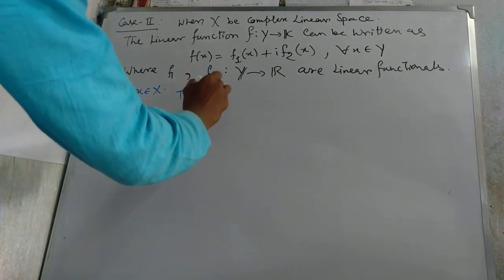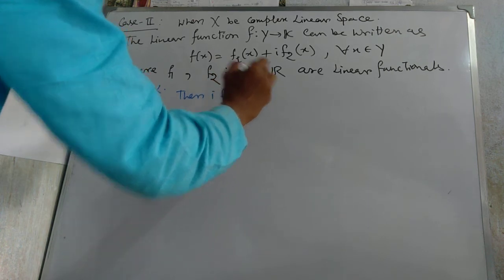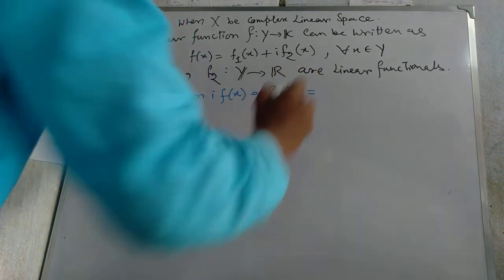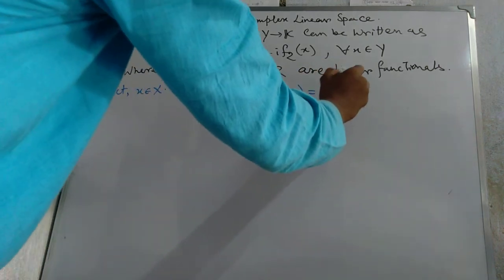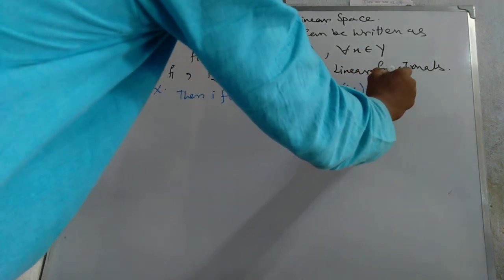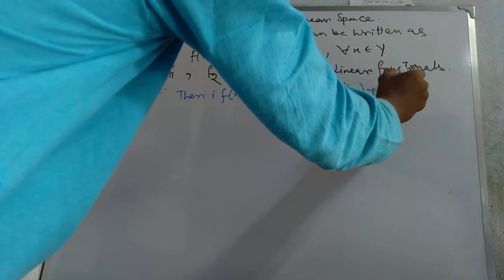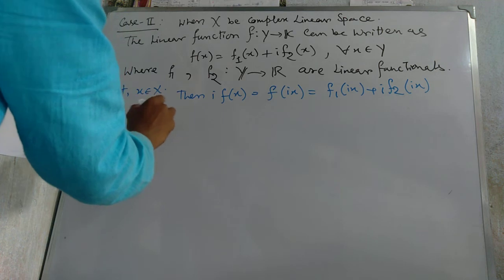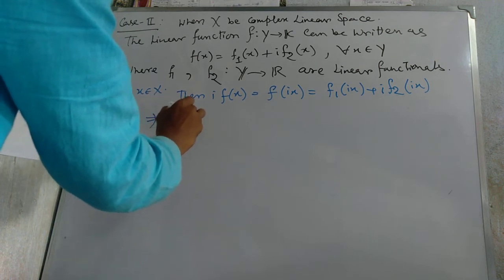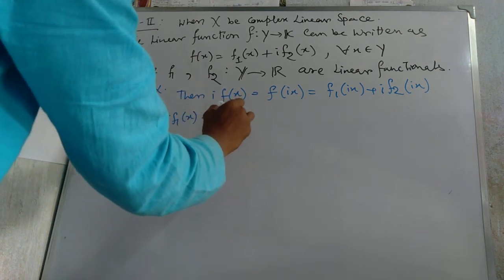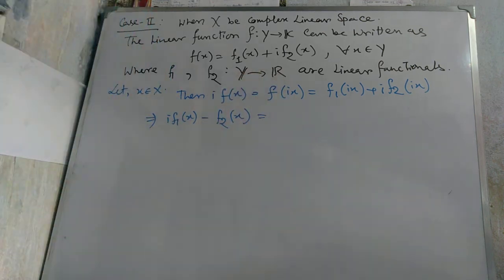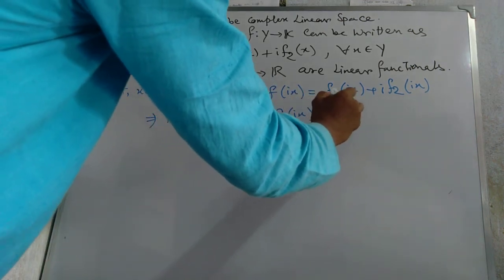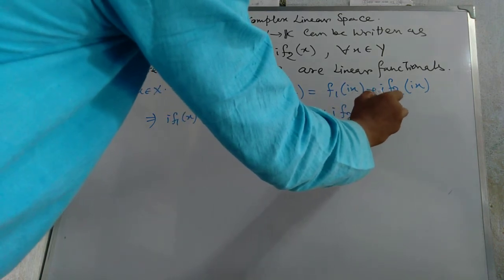then i f(x) = f(ix) = f1(ix) + i f2(ix). Here we write i f(x) = i(f1(x) + i f2(x)) = i f1(x) - f2(x).